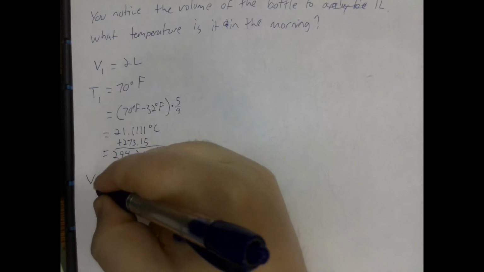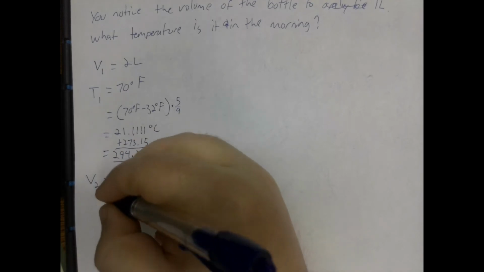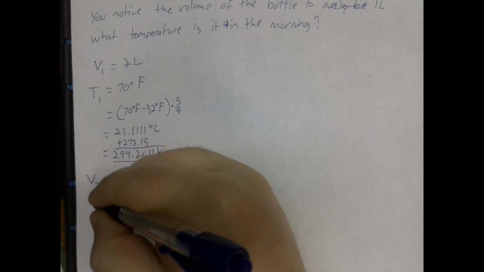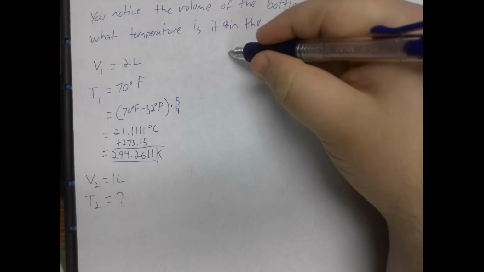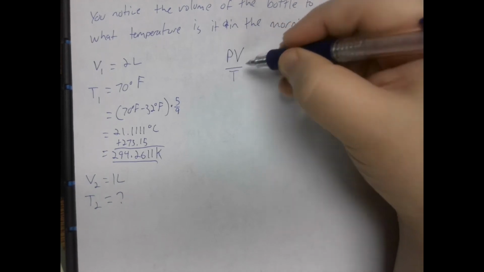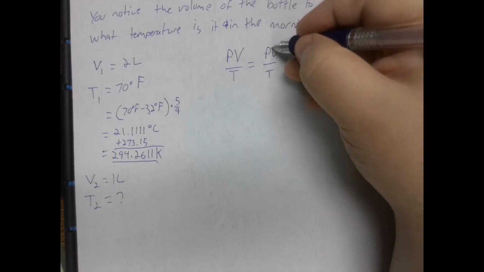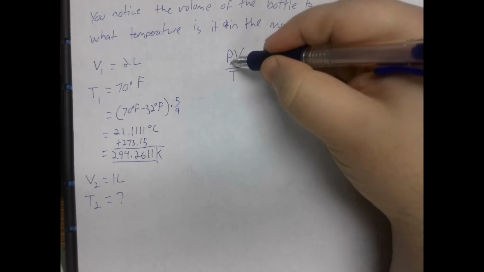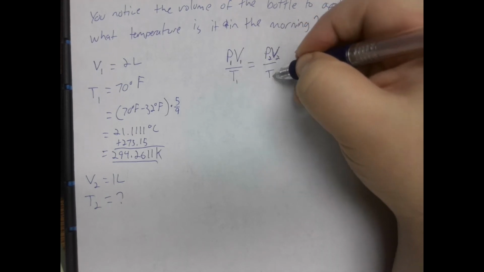But let's do it algebraically first. So our final volume is 1 liter, and we're looking for final temperature. So we start with the combined gas law, PV over T equal to PV over T. Initials on the left, finals on the right.